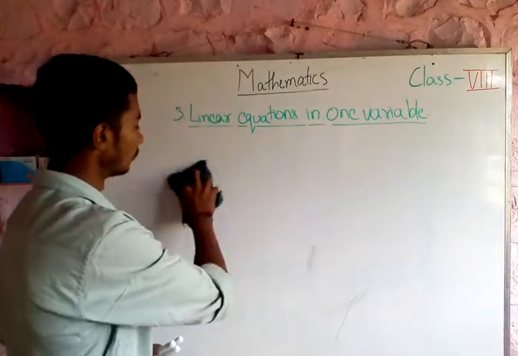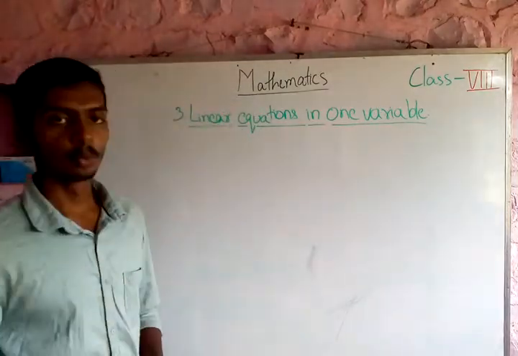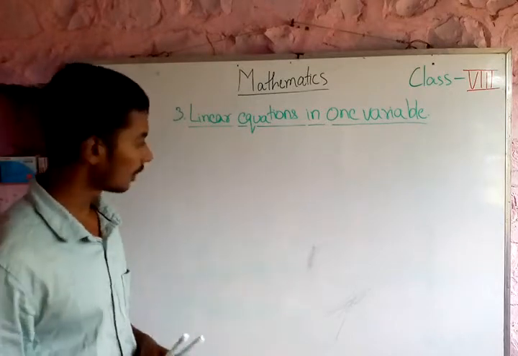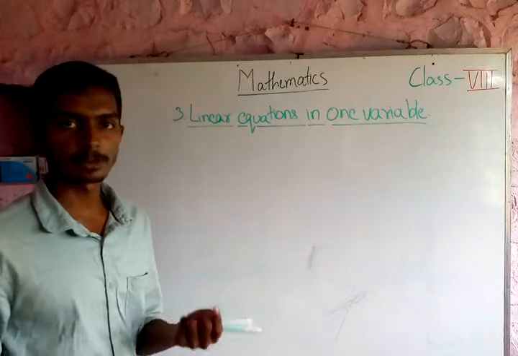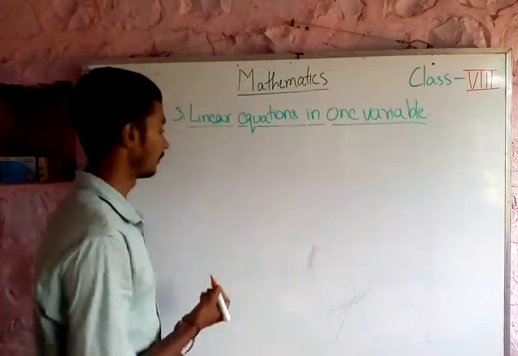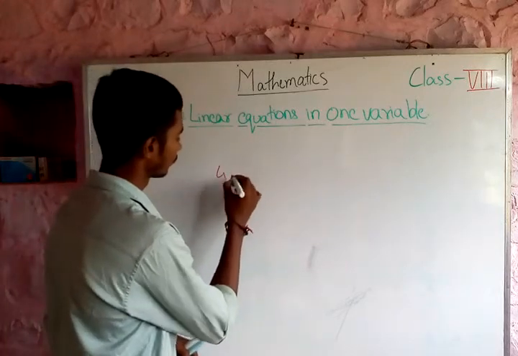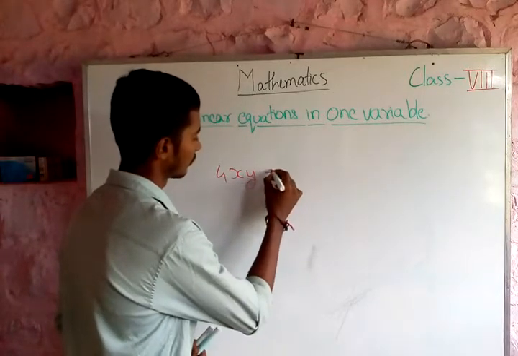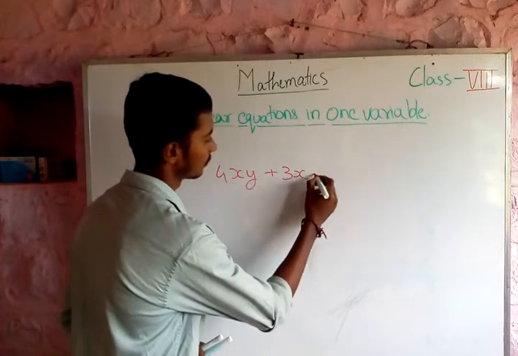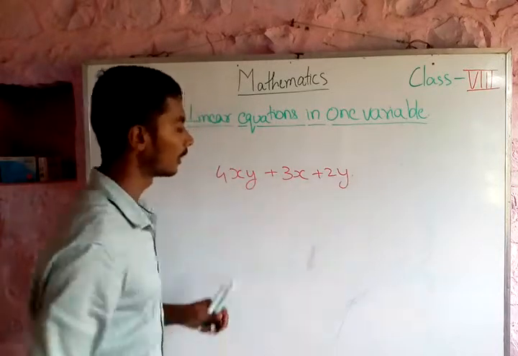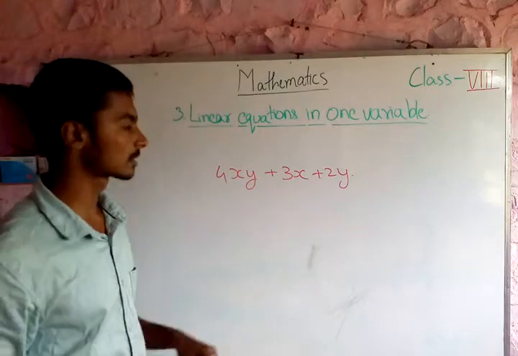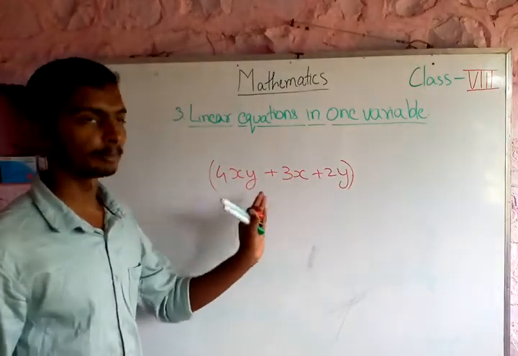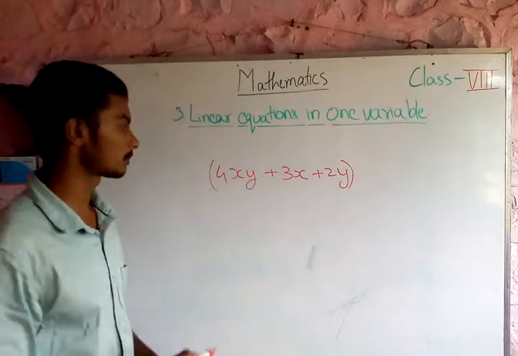Now let us see the different types of equations and expressions. You might have seen expressions of this kind in your previous classes, that is 4xy plus 3x plus 2y, or you might have multiplied this expression with some other expression.